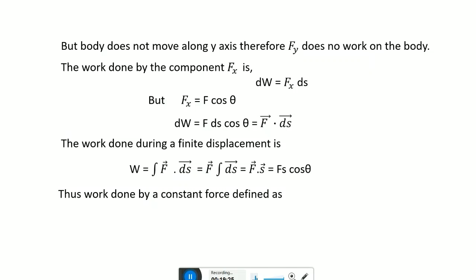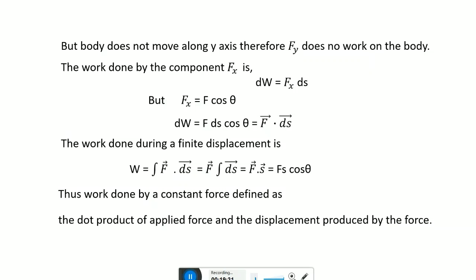Thus, work done by a constant force is defined as the dot product of applied force and the displacement produced by the force.